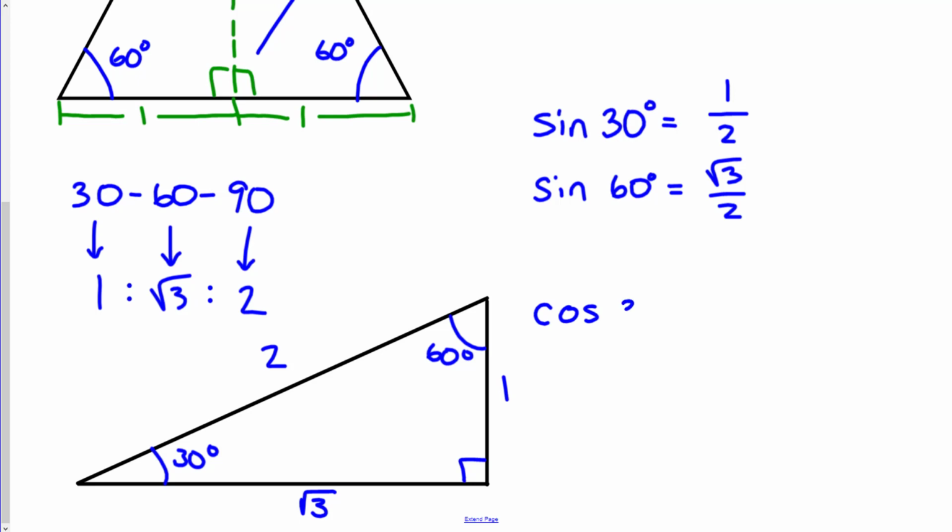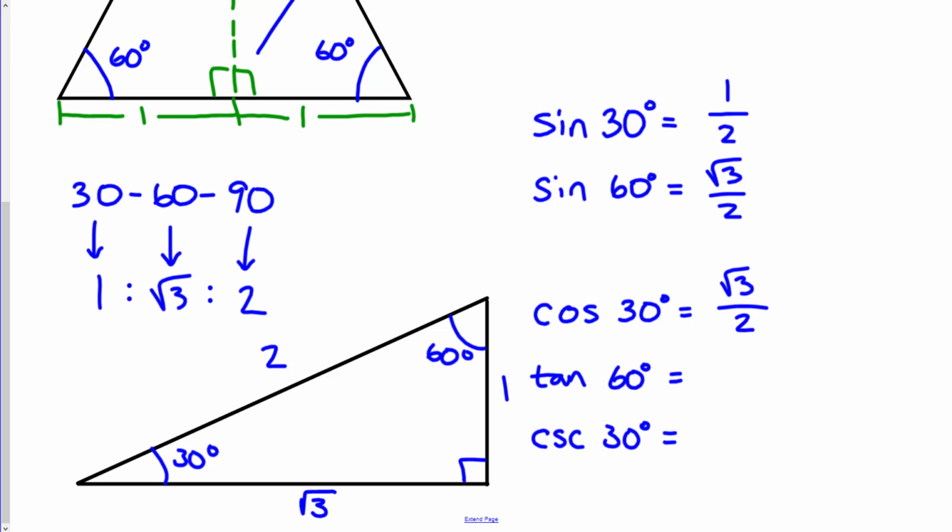So let's say I want to do cosine 30 degrees and possibly tangent of 60 degrees, and then we'll do one of the others. So we'll do cosecant of 30 degrees. So the cosine of 30 degrees, cosine is adjacent over hypotenuse. So adjacent to the 30-degree angle is square root of 3, and then the hypotenuse is 2.